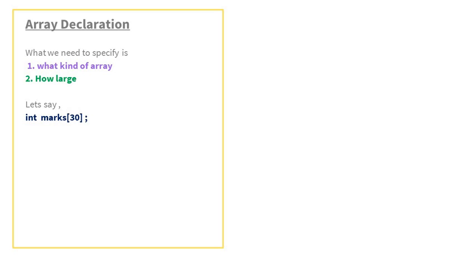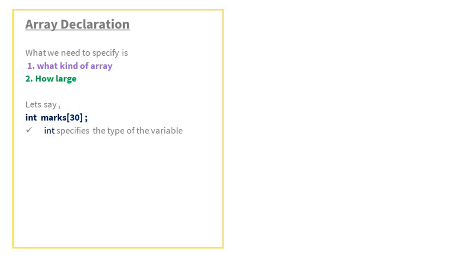But it is different from the array declaration. Here you can see that is integer, and there is also integer. After that, marks refers to the name of the array, and this bracket is something new to you. That bracket is actually a symbol, a signal that tells the compiler that you are going to define an array.